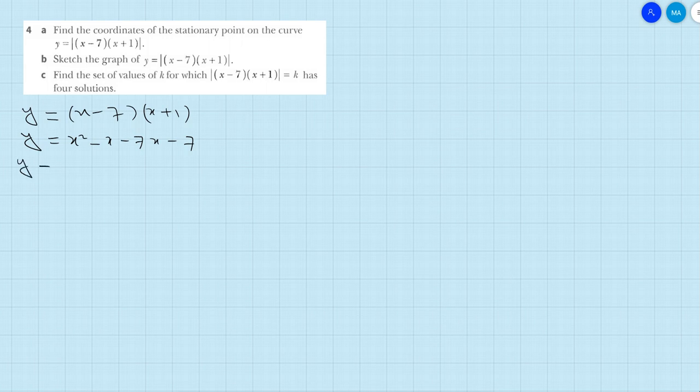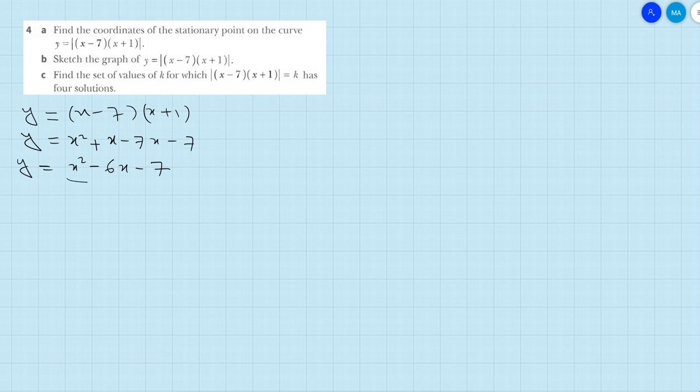So y is equal to x square minus 7x, sorry, this is plus x into plus 1, minus 7x plus x is minus 6x minus 7. Now apply the perfect square formula. Convert this whole expression into perfect square.